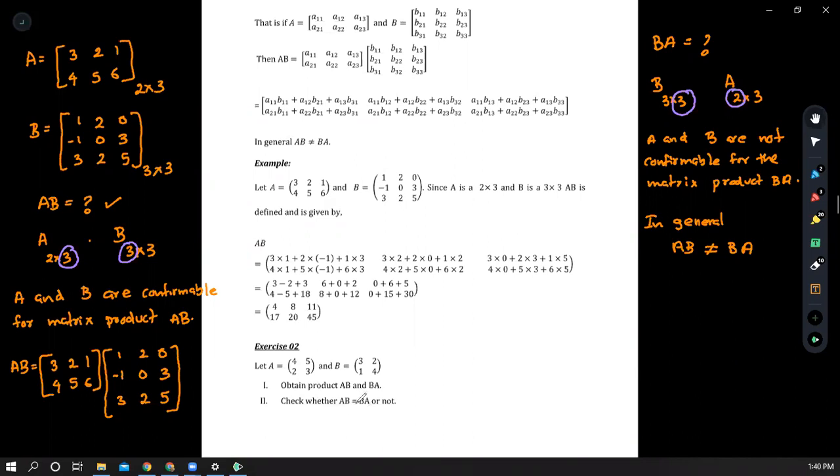For the first part, you can use matrix multiplication to obtain AB and BA, and thereafter you can use the concept we discussed under equal matrices to check whether these two results are the same or not.